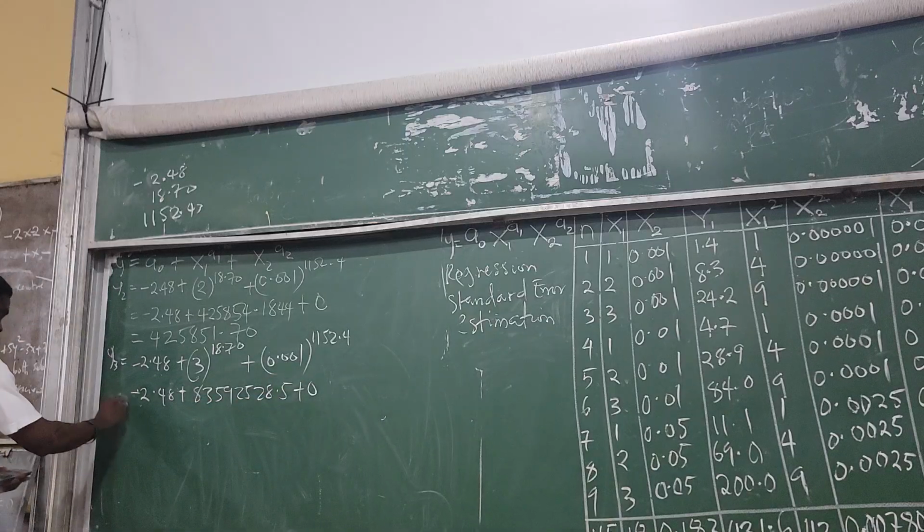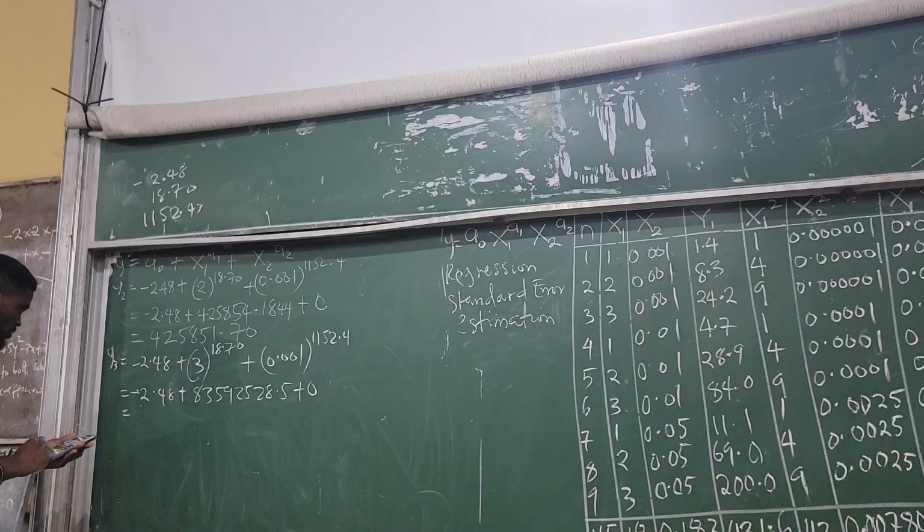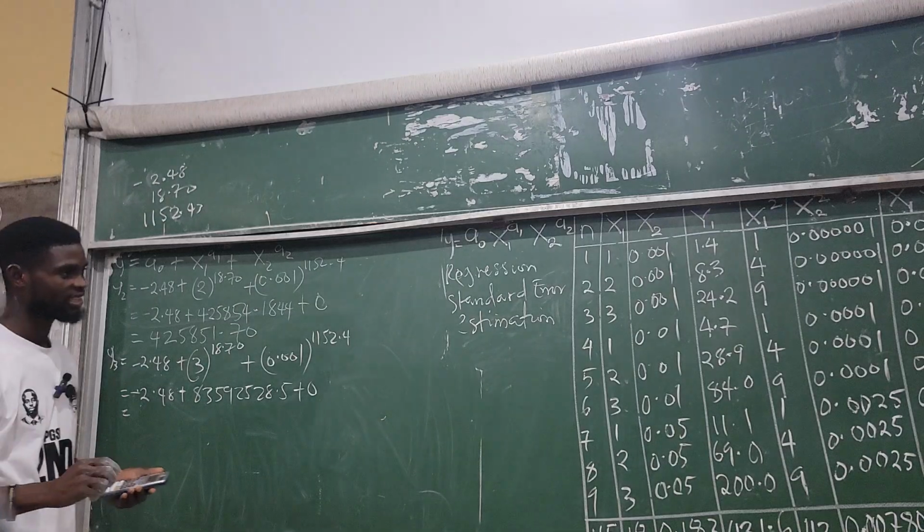So if you do that, we now have minus 2.48 plus 8, 3, 5, 9, 2, 5, 2, 8.5.